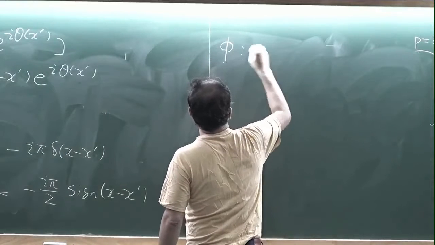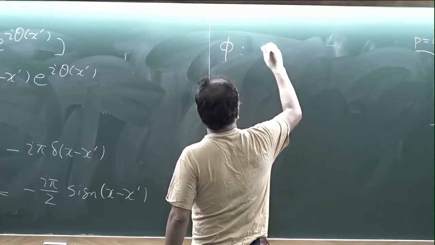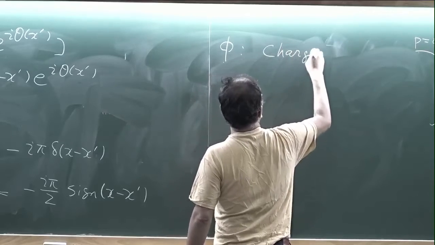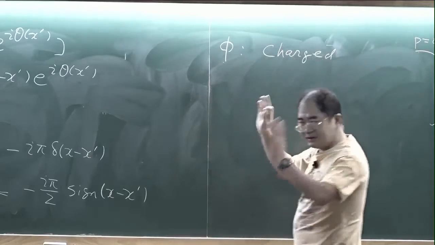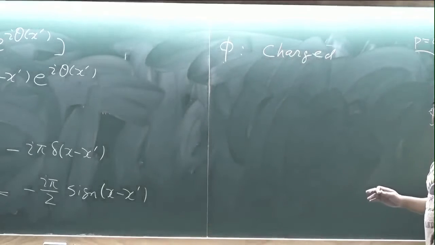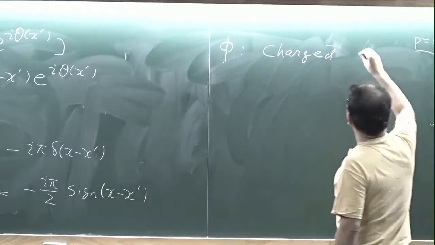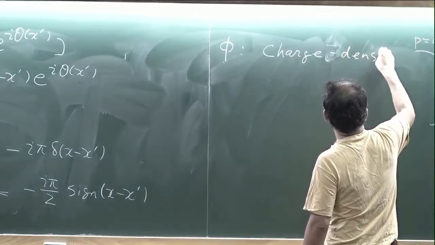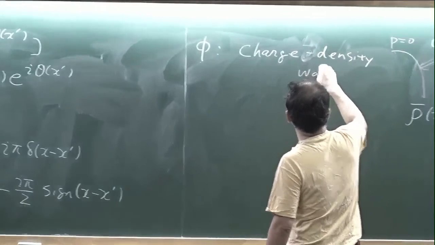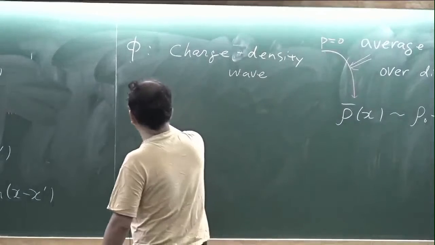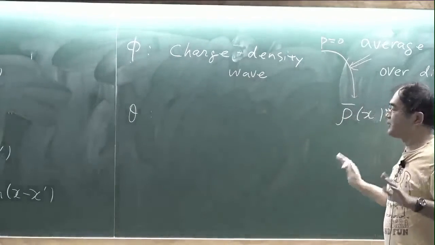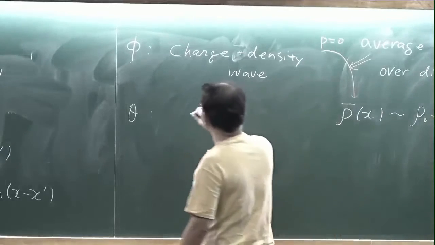So in condensed matter terminology, this phi describes the so-called charge density wave fluctuation, the charge density. And theta describes the phase of the quantum condensate.